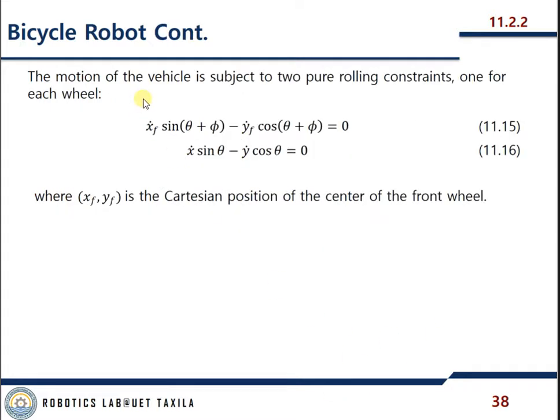The motion of the vehicle is subject to two pure rolling constraints, one for each wheel. So for the front wheel, x dot f sin(theta plus phi) minus y dot f cos(theta plus phi) is going to be equal to 0. And the second constraint, x dot sin theta minus y dot cos theta, is going to be equal to 0, where x_f and y_f are the Cartesian position of the center of the front wheel.